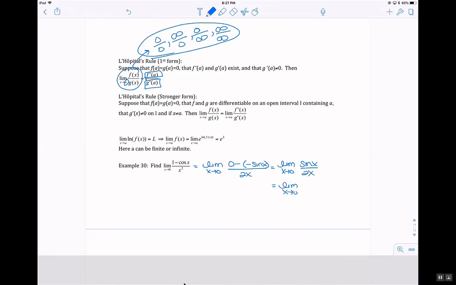Derivative of sine is cosine, and derivative of 2x is just 2. Now that I don't have 0 in the denominator, I can go ahead and plug in my 0 for my x. So cosine of 0 divided by 2, and the cosine of 0 is 1. So this limit originally here is equal to 1/2. And that is it for this lesson.